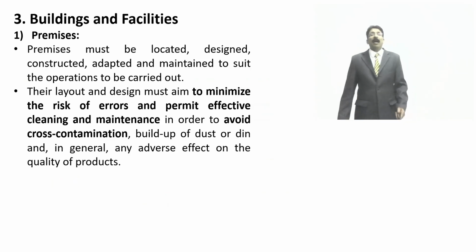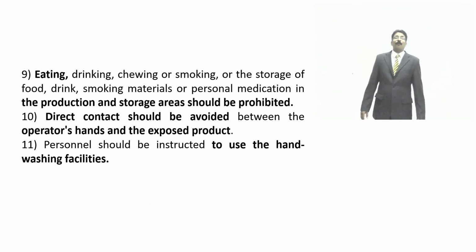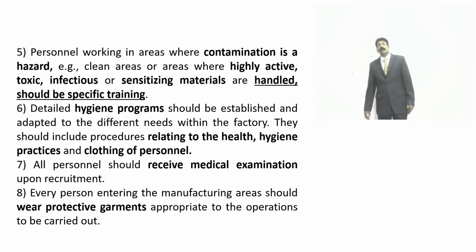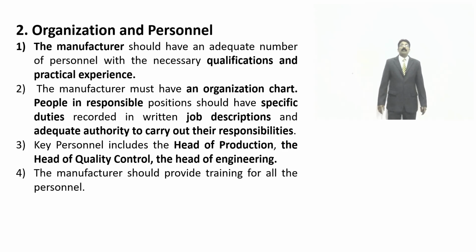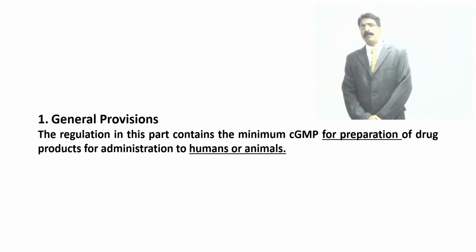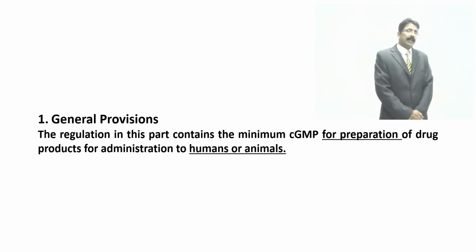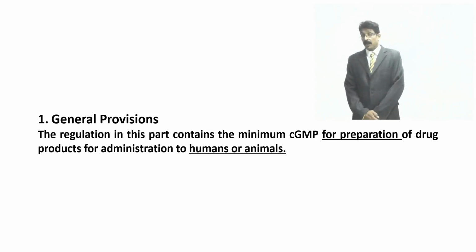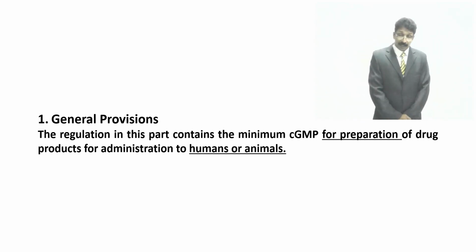Before building, we discussed the personnel: organization and personnel qualification. And the first one is general, where we got the provision that animals and veterinary should be provided separately according to the Drug and Cosmetic Act. So we have discussed only three points.